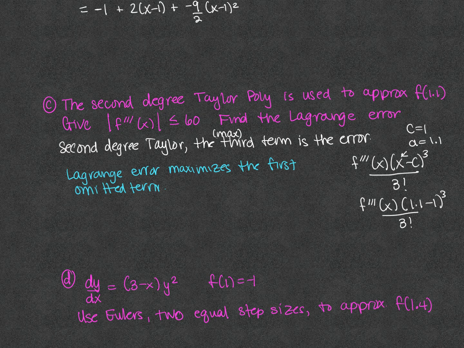So we know that our error is going to be less than the maximum. And you can put your absolute value. You're going to have the third derivative, times 0.1 cubed over 3 factorial.